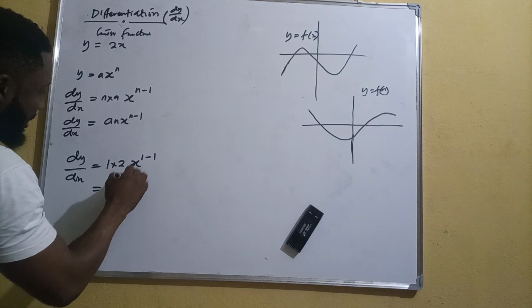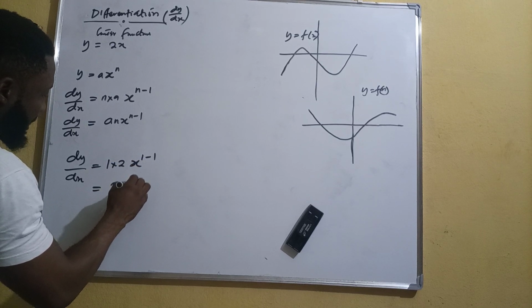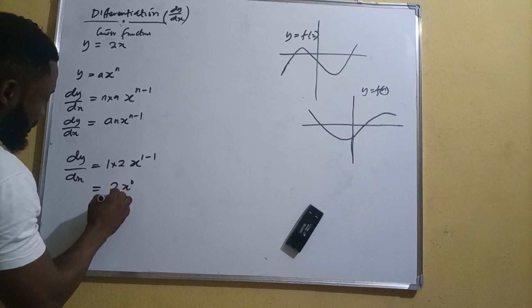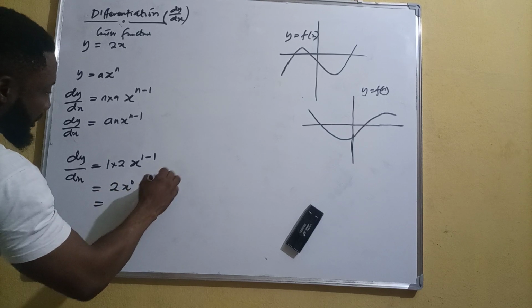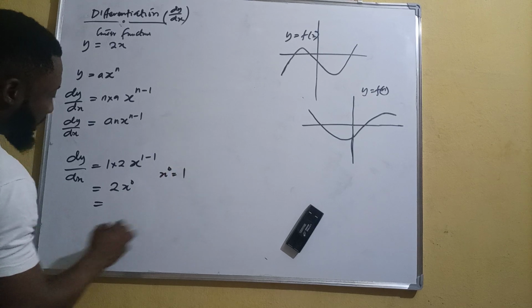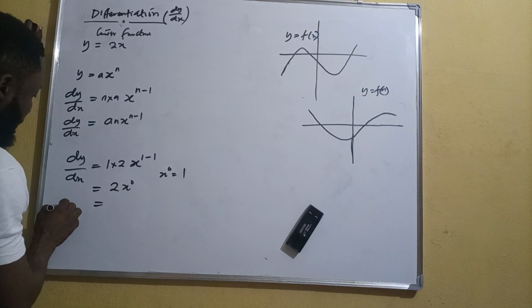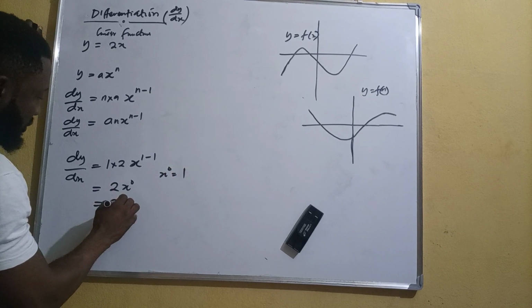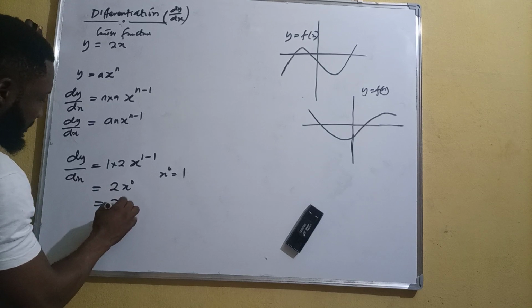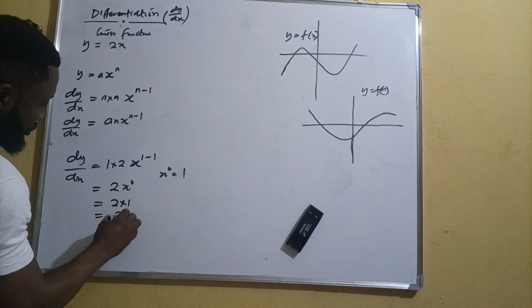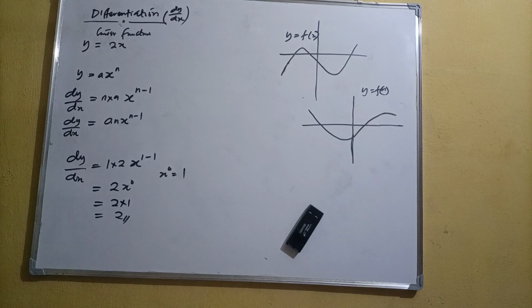So x raised to power 0, recall x raised to power 0 is 1. Therefore, we are going to have this as 2 times 1. That's going to give us 2, and that is the answer to that particular question.